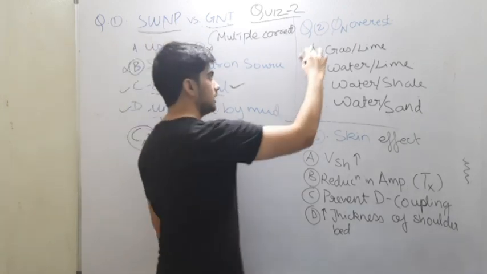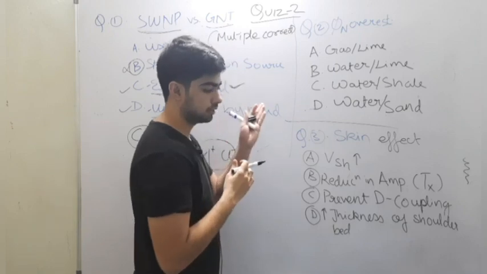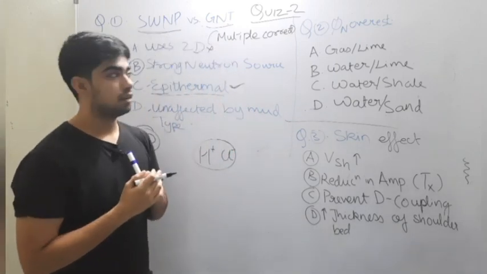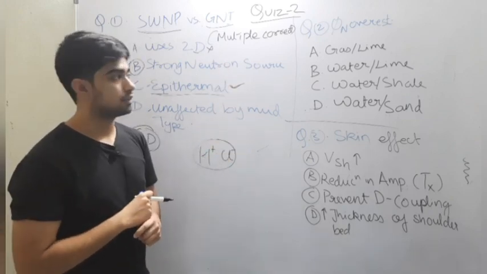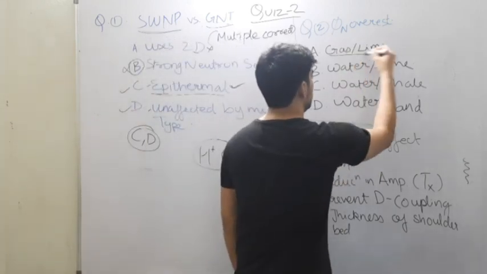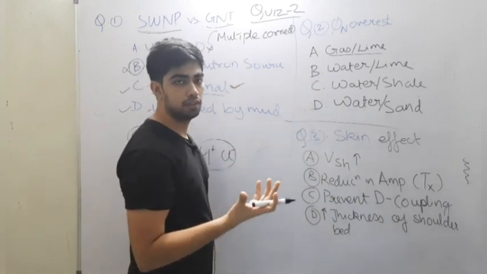If we talk about the second question, the question asked in which case the neutron porosity tool overestimates the value of porosity. If we talk about the first option, in case of gas, you might have heard of the excavation effect.